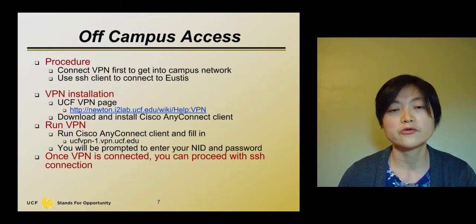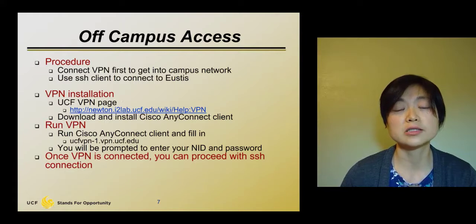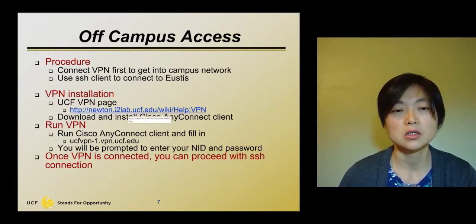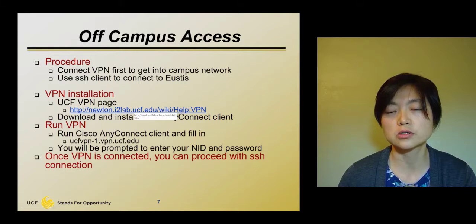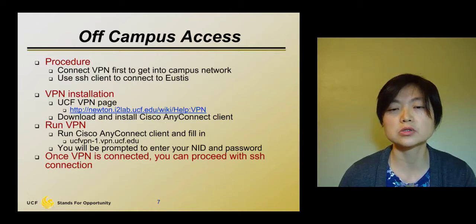UCF provides a VPN. So this is the VPN page. If you go into this page, you probably need to enter your NID again, then it will bring you to the installation page. Then you can download and install the Cisco AnyConnect client.